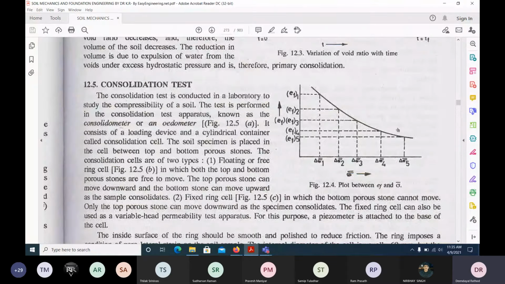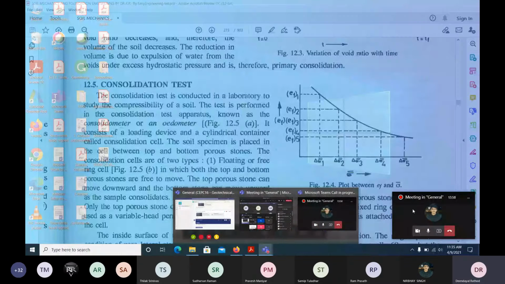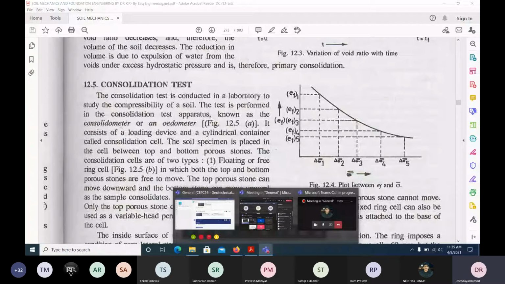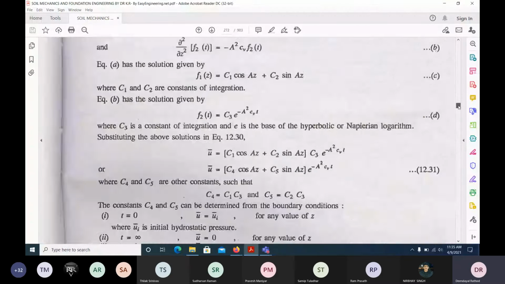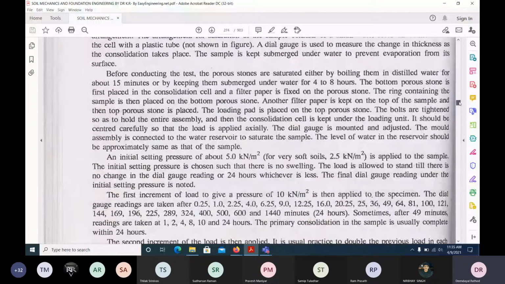Yes, sir. So if you recall what we have studied in the last class, we have started the consolidation. So what is consolidation?